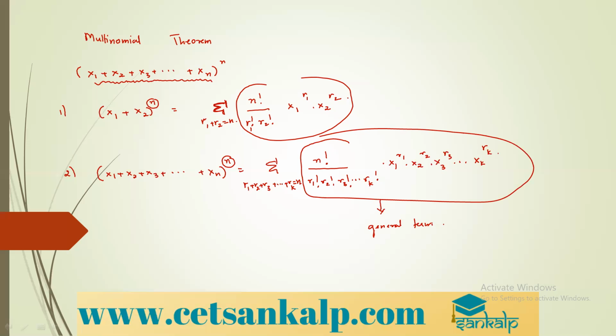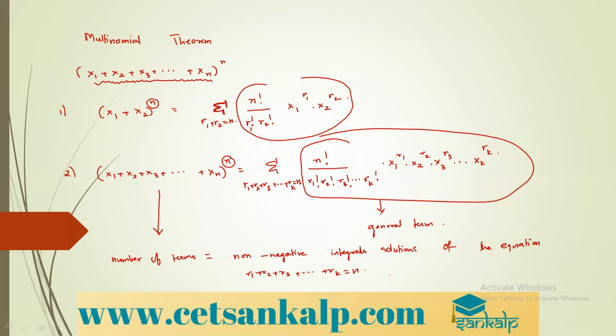Now, how many terms in this expansion can you find? In this multinomial expansion, you can find the number of terms. What are they? They are non-negative integral solutions, the solutions which are integers, of the equation r1 plus r2 plus r3 up to rk equal to n.